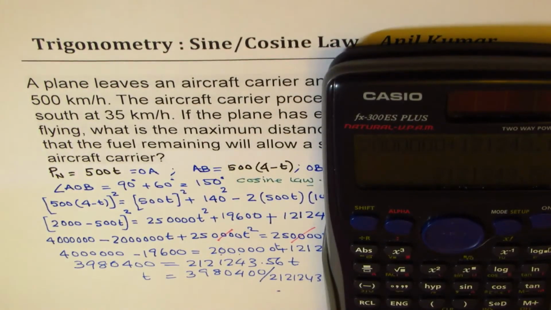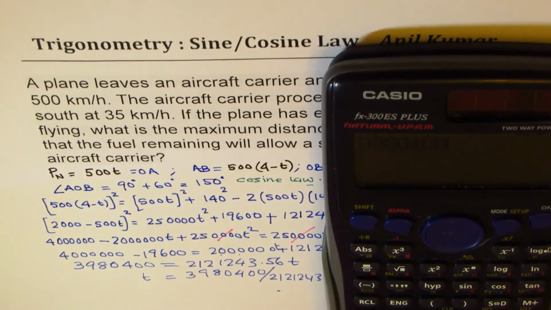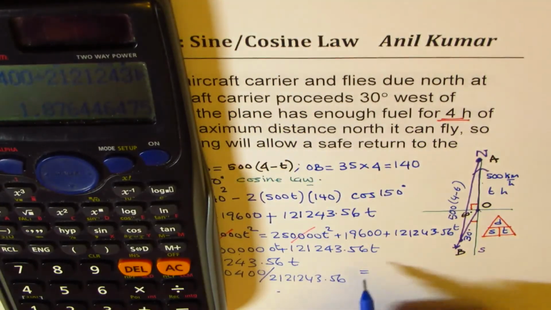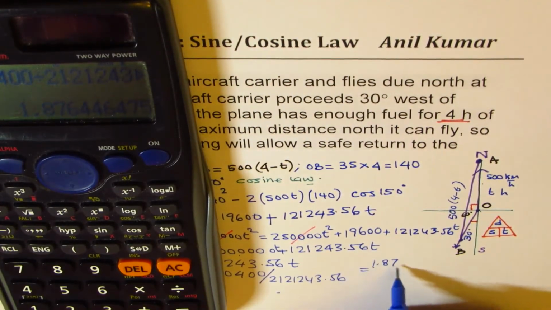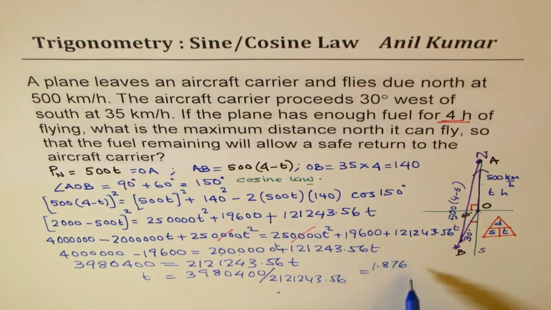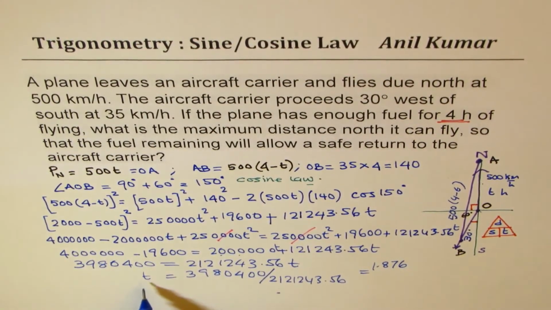So we have 3980400 divided by 2121243.56 equals to 1.876. Okay. So that is the time t in hours, correct?